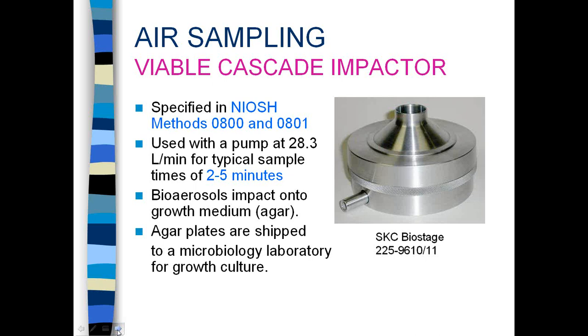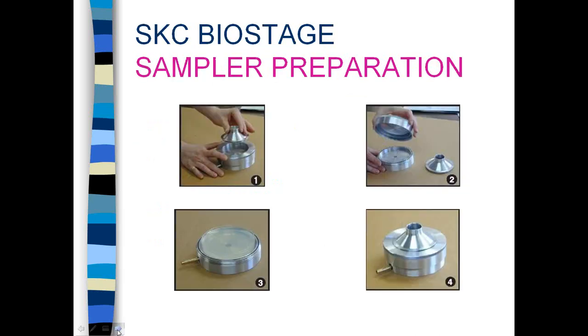As per method requirements, it is used at 28.3 liters per minute for sample times up to 5 minutes. Bioaerosols impact onto growth medium or agar supplied by the microbiology laboratory based on the target contaminants. Here you can see SKC BioStage sampler preparation with the agar plate.